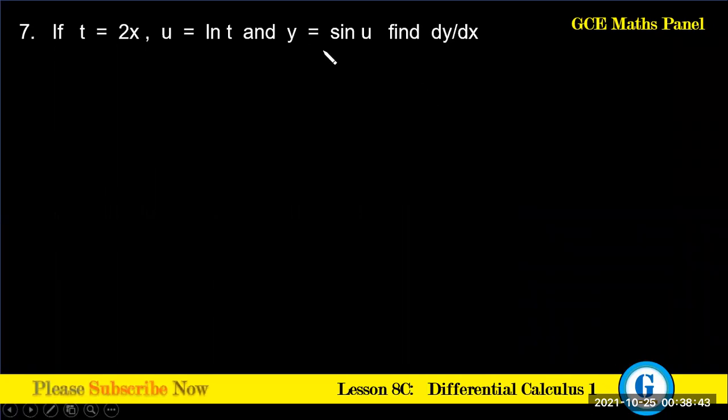All right. So this question is on parametric differentiation. These are special questions with chain rule with 3 variables. So they want us here to find the dy on dx. Now let's just look at this example.